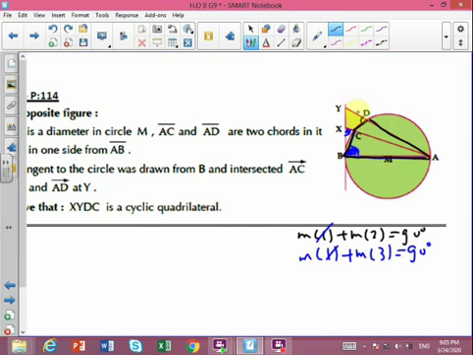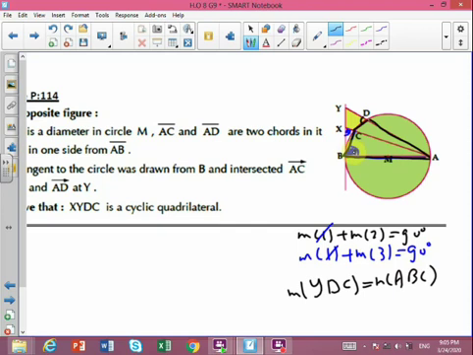So it is equal to which angle? It is equal to the interior angle opposite to its adjacent. This is the adjacent, so it is opposite to this one. So the measure of angle YDC will be equal to the measure of angle ABC.